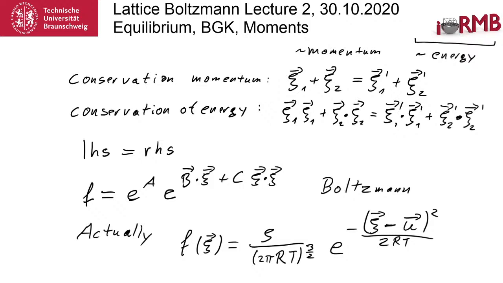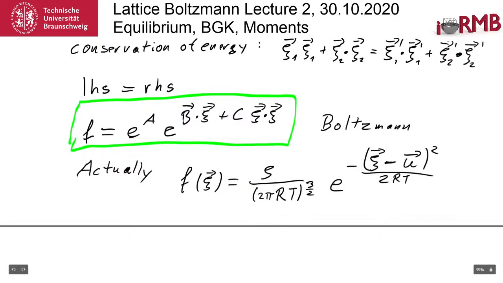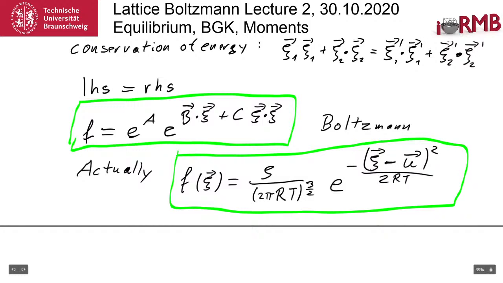So these two things, they are actually the same, only that in this we have some unspecified constants, A, B, C. And in this here, we have given them some physical meaning, but these both equations are of the same form. Okay. So with this, we derived the equilibrium function.